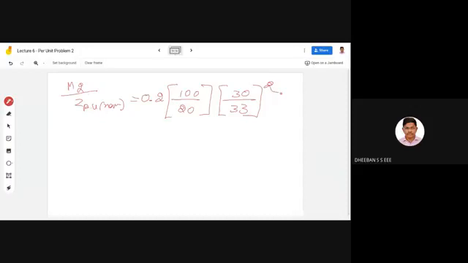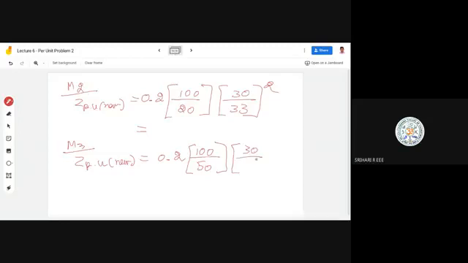We will be getting 0.826 for M2. Then comes M3. Z per unit new will be equal to 0.2 into 100 by 50 into 30.